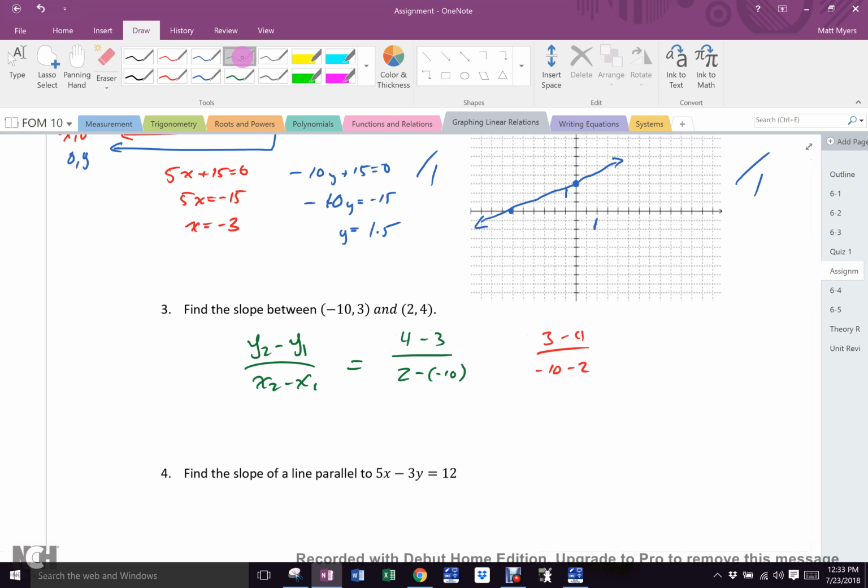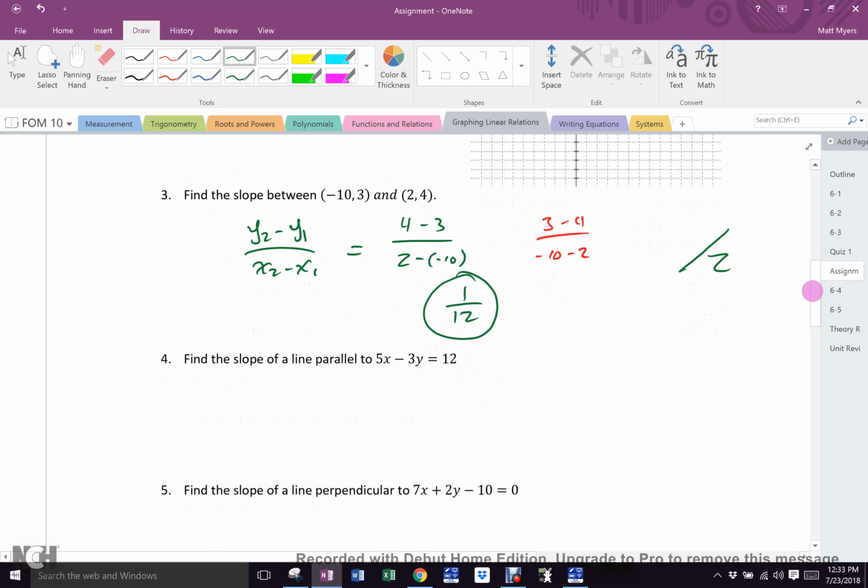And what is the answer? 1/12 positive. For 2 marks. 1 for figuring out the formula and 1 for being able to add and subtract. I know it's the 10th grade, but I feel I should maybe give out some marks for being able to add and subtract, as I've just finished marking your tests, and apparently adding and subtracting is still a bit of an issue for some of you.